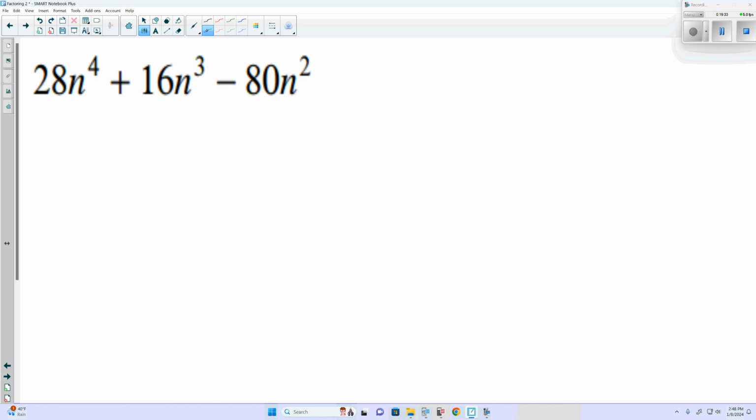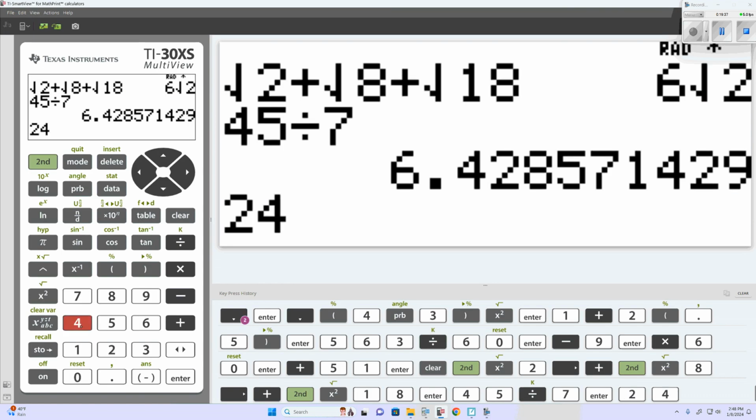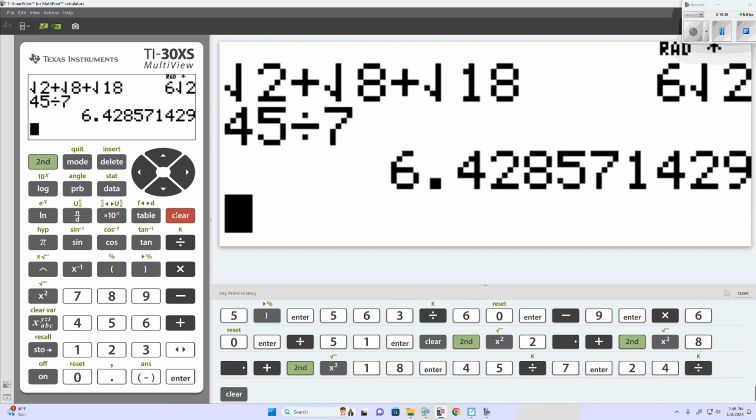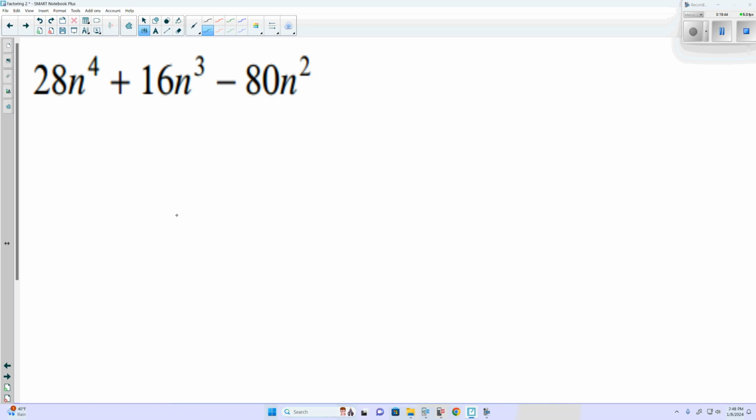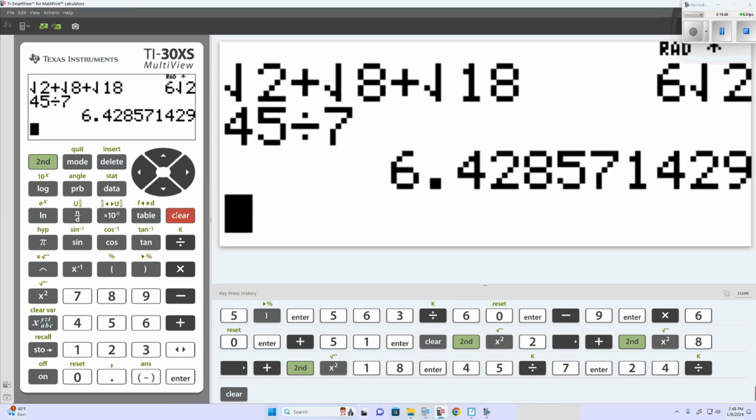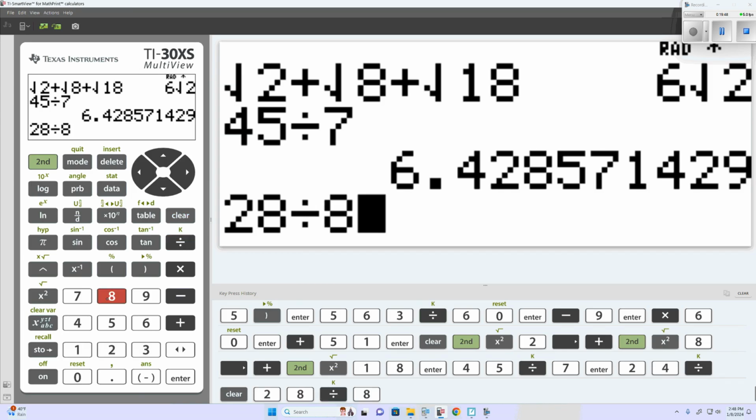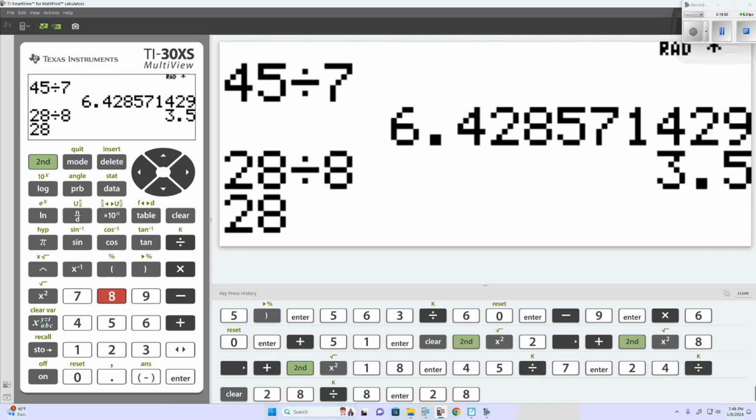Because 8 does go into 16 and 80. Well, not 24, is it 28? So 28 divided by 4 is 7.